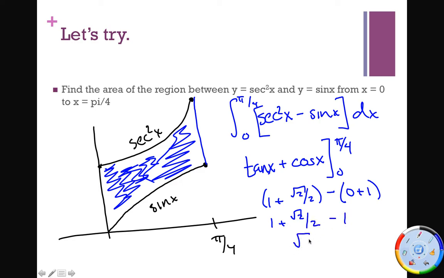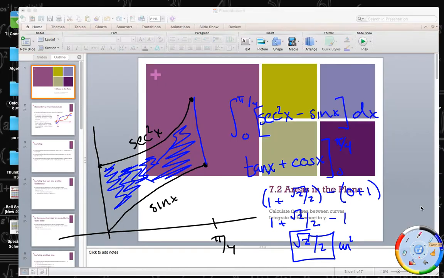The 1's go away, and we get an answer of root 2 over 2, which means the area in between these two functions is root 2 over 2 units squared. See, pretty straightforward, pretty simple. Let's see a little bit something else here.